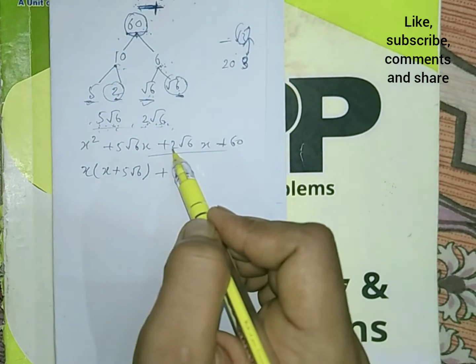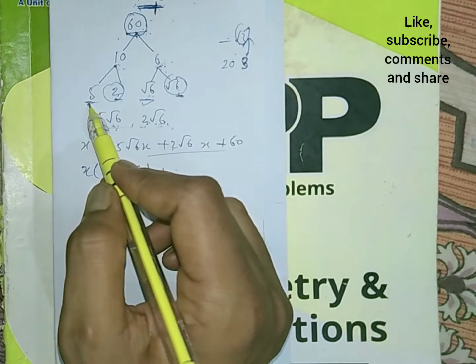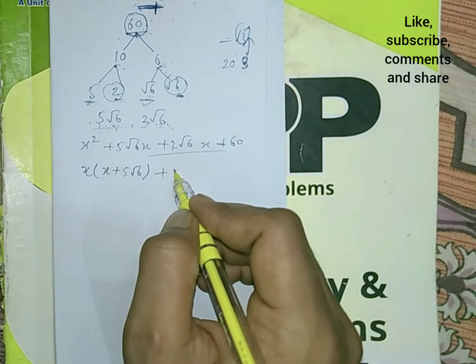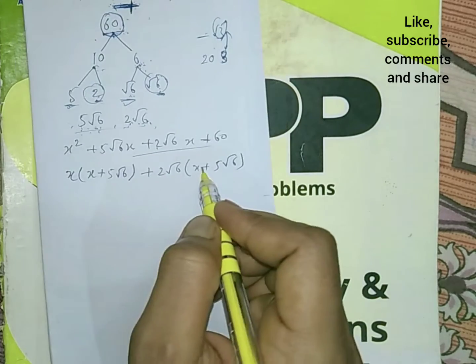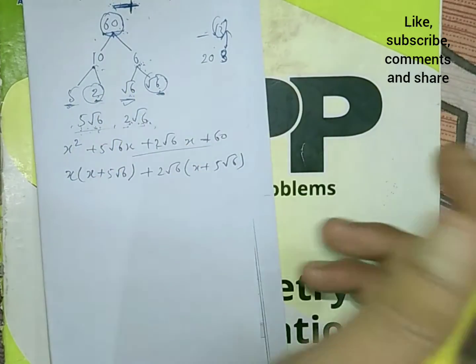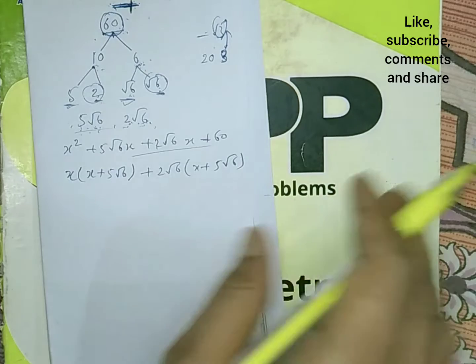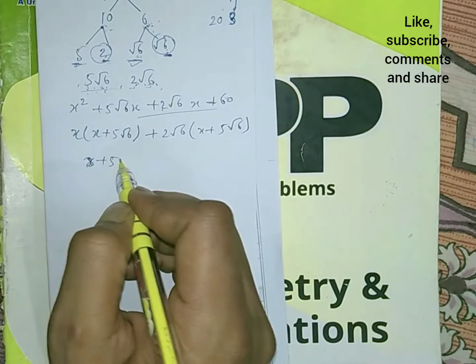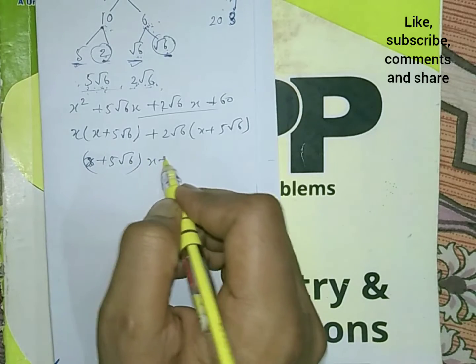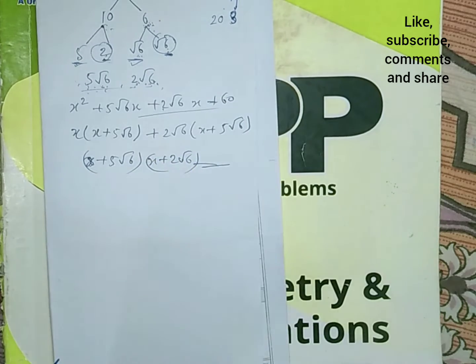So when you take out 2 root 6, your remainder will be 5 root 6. So write here 2 root 6 times x plus 5 root 6. When you break it in such a way, solving is very easy. So the answer is x plus 5 root 6 and x plus 2 root 6.